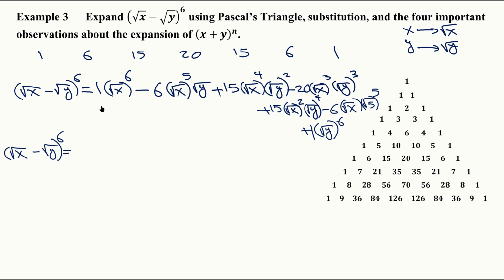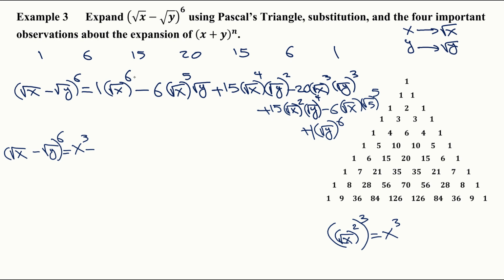Now, square root of x to the power of 6, remember that's like saying, we're going to do some scratch work down here, that's like saying square root of x squared cubed, right? So we know square root of x squared is just x, right? So that just becomes x cubed minus. Now we have square root of x to the power of 5.